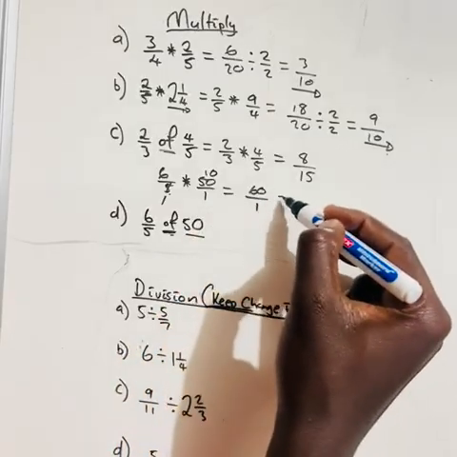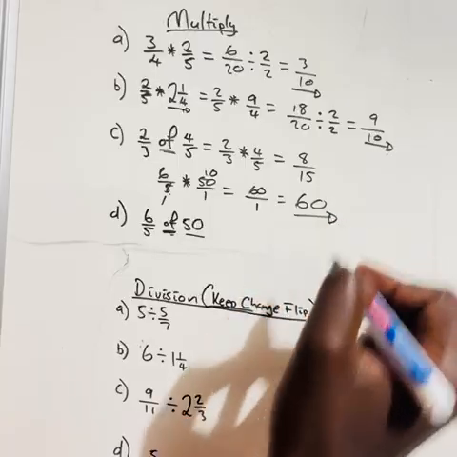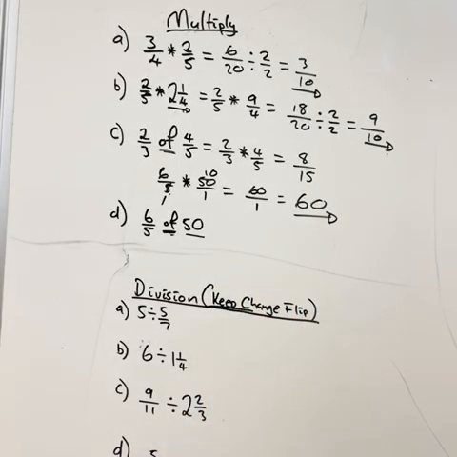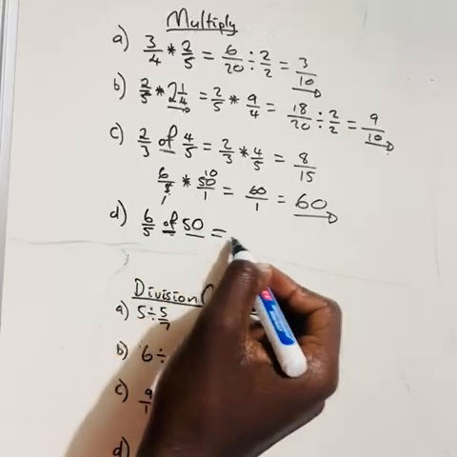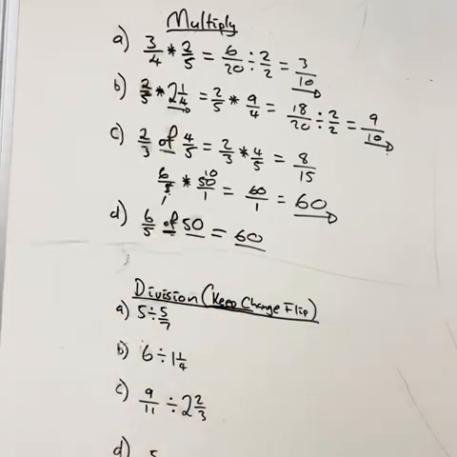And 60 over 1 is equal to what? 60 whole numbers. So this is the answer, 60. All right, we're done. So 6/5 of 50 is equal to 60, but you must show your calculations. So that's the different forms of multiplying fractions.